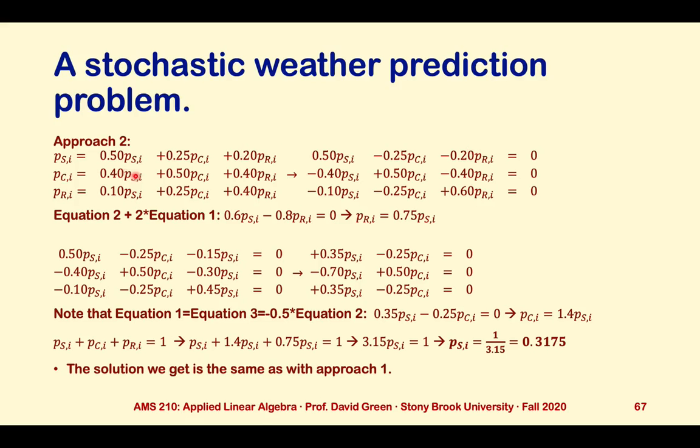Minus 0.4 PS, 1 minus 0.5 is plus 0.5 PC, minus 0.4 PR, second piece, minus 0.1 PS, minus 0.25 PC, 1 minus 0.4 is plus 0.6 PR. This is now a system of equations that we could try to solve.